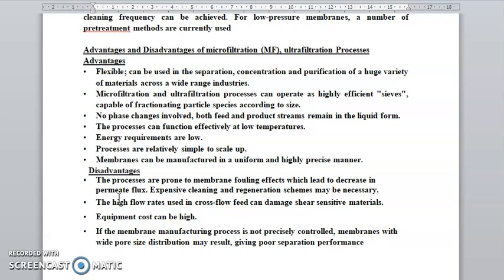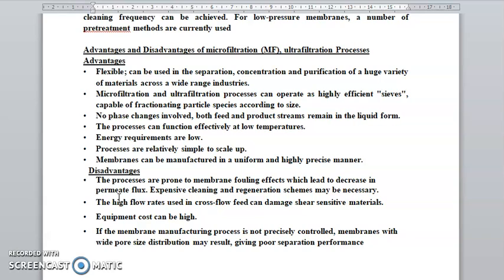No phase change is involved. Both feed and product streams remain in liquid form. The process can function effectively at low temperature. Energy required is low. The process may be relatively simple to scale up. Membranes can be manufactured in a uniform and highly precise manner.